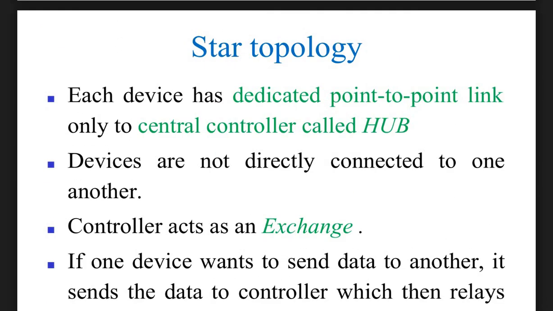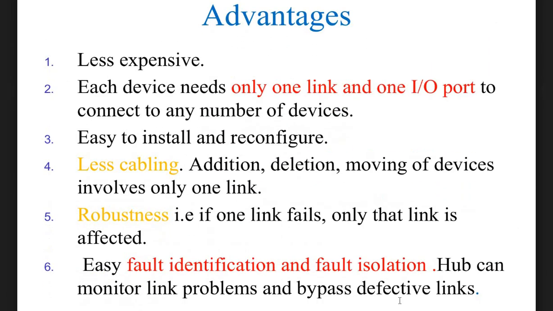Let's brief it simply. It has dedicated point-to-point links, and there is one central controlling unit called a hub. Then the exchange, everything happens at the hub. Advantages: less expensive, because you need only one link to connect a node to the central hub. It is really easy to install and reconfigure, and you need very little cabling.